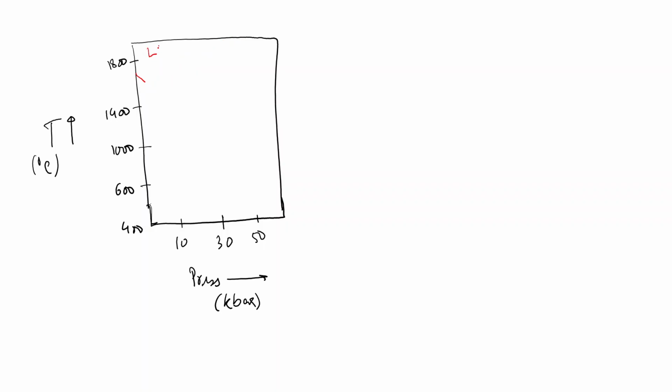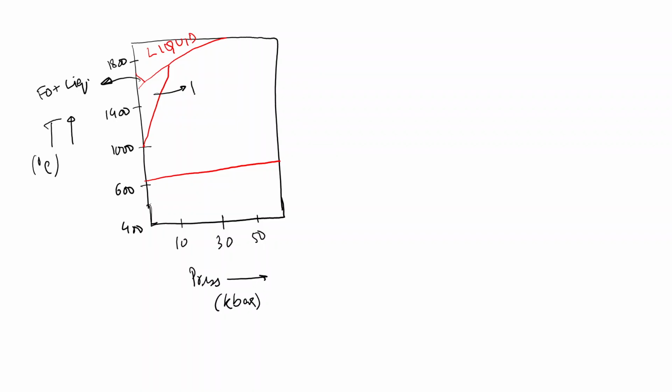Sorry, this is the liquid phase. Okay, and then over here, 600 slightly above. Now let us label this diagram. This field is forsterite plus liquid.